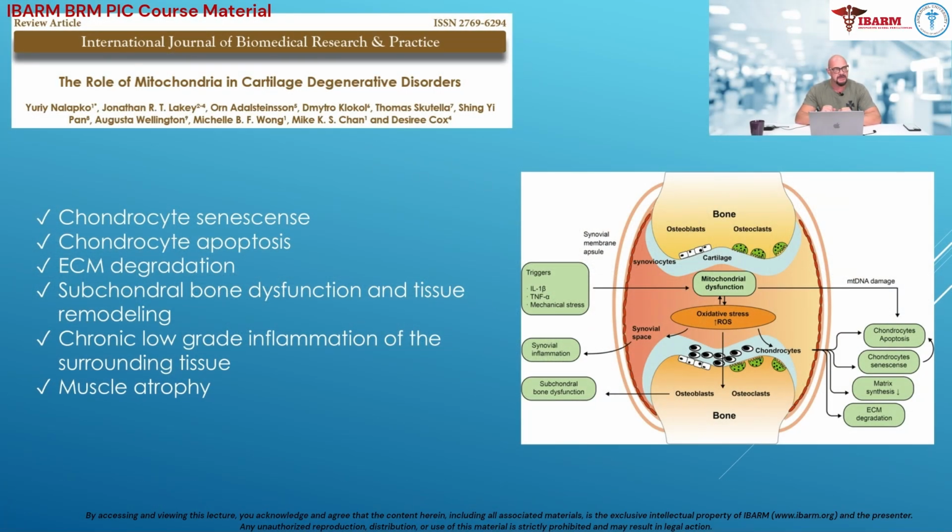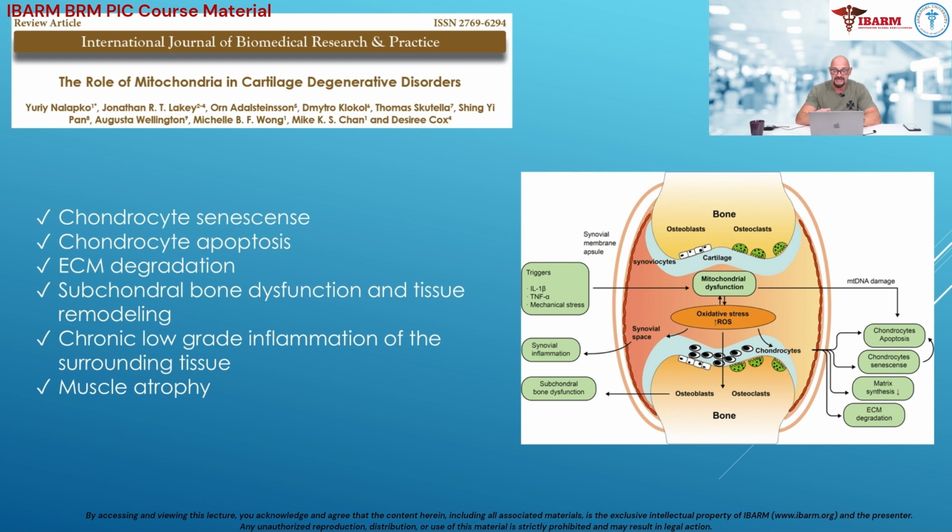As regenerative medicine doctors, if we want to apply novel treatment strategies, we need to understand the actual in-depth cellular and subcellular mechanisms that are occurring in the tissue, in the joint during the osteoarthritis. So, from the position of modern contemporary medicine, the changes that are happening inside the joint include chondrocyte senescence.